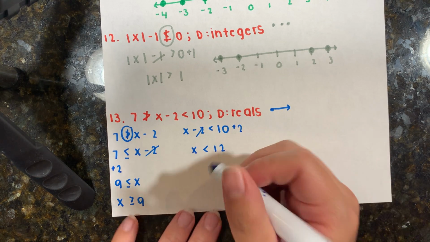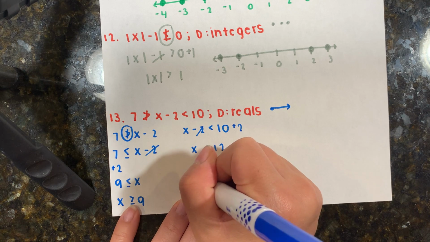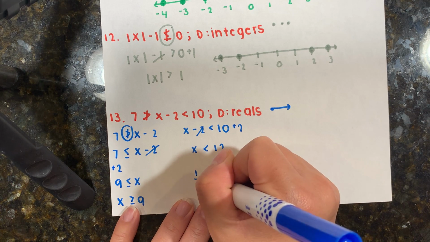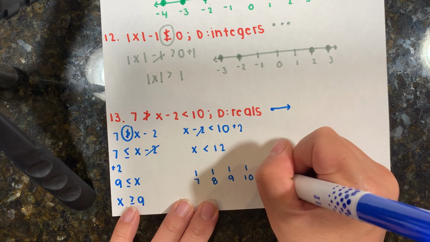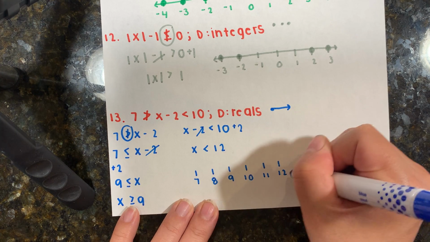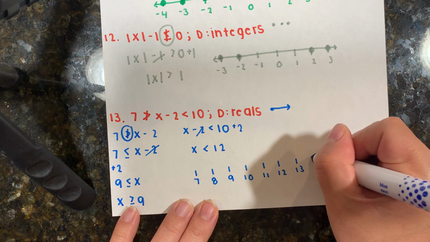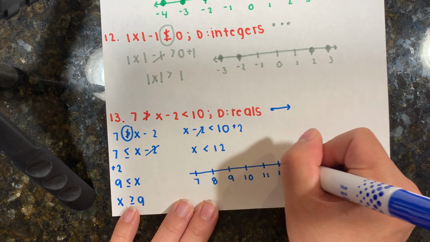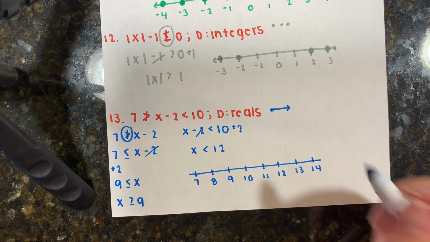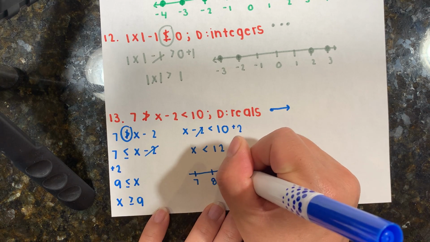So for my number line, I'm going to have 7, 8, 9, 12, 13, 14, and this is going to be my line. On 9, I'm going to have a filled in circle.